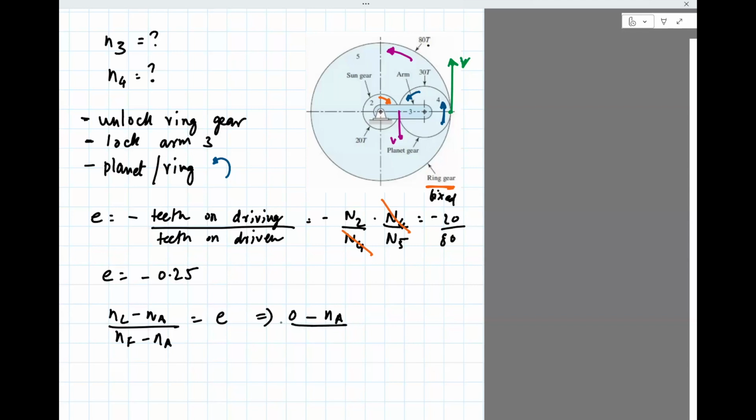NA is unknown; we don't know the speed of the arm. The first gear is moving clockwise at 100 revolutions per minute. We use a negative sign for clockwise: 0 minus NA over minus 100 minus NA equals minus 0.25.